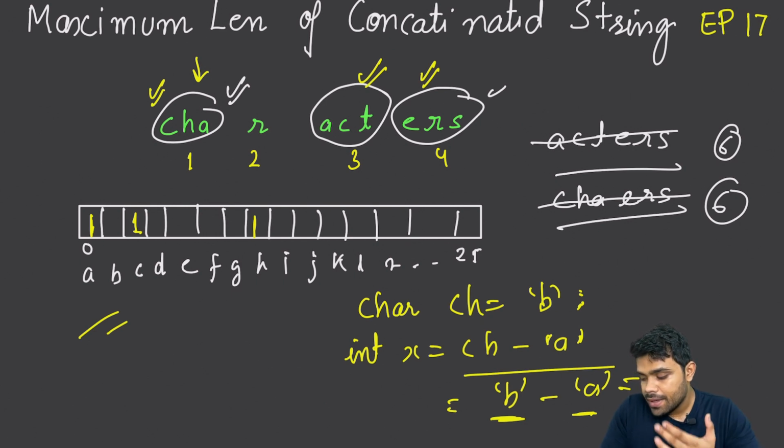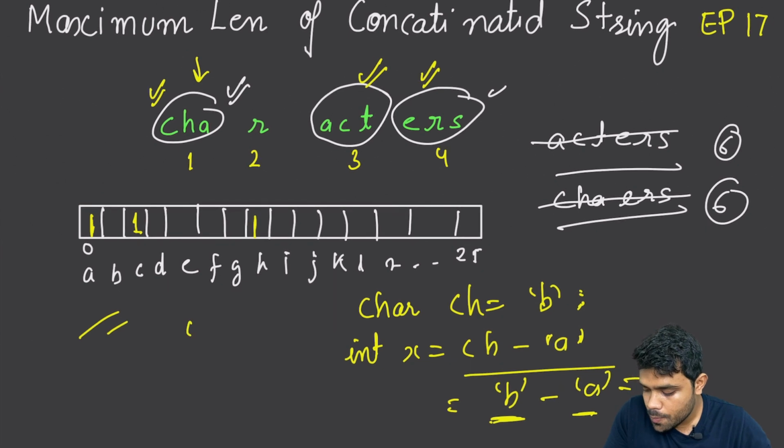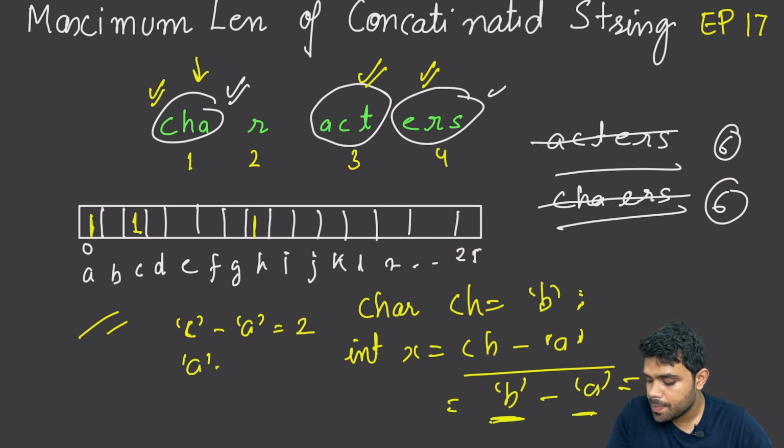So basically, for every character, I can subtract A from that to get the respective index. If I do B minus A, I will get 1. If I do C minus A, I will get 2. If I do A minus A, I will get 0.